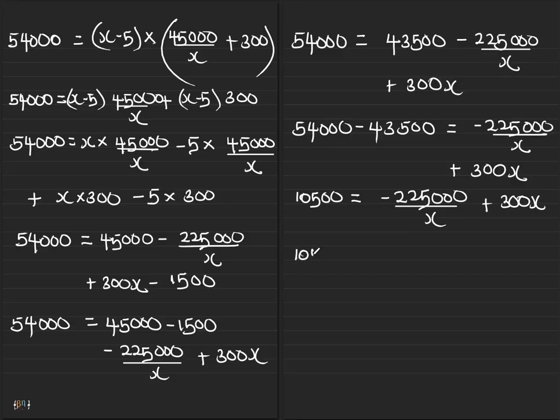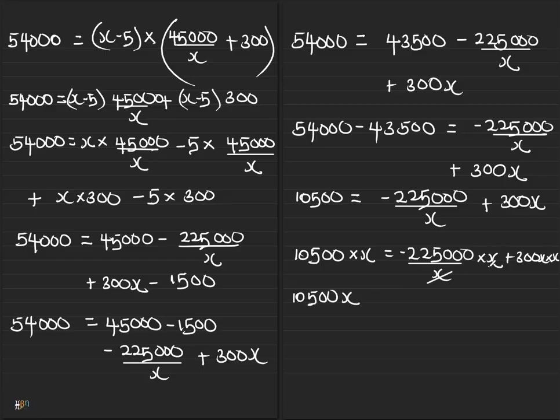With that, we have a 10,500 times x equals negative 225,000 over x times x plus the 300x times x. And with that, we'll get a 10,500x.